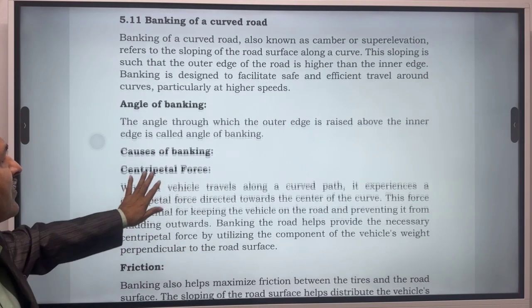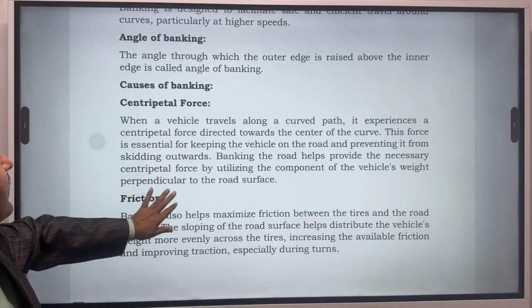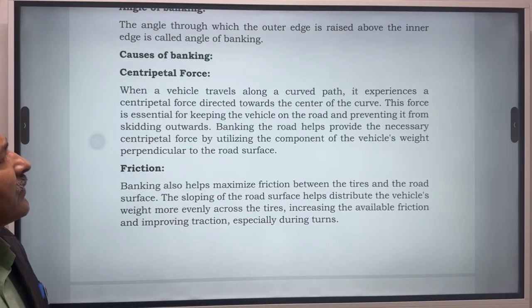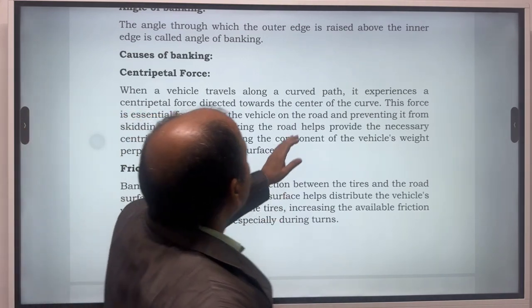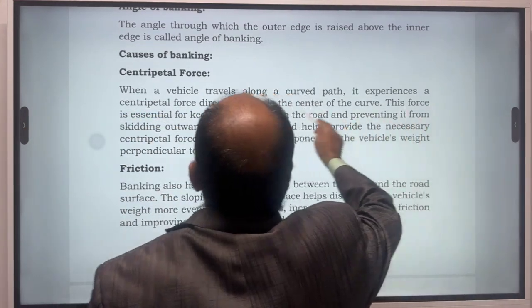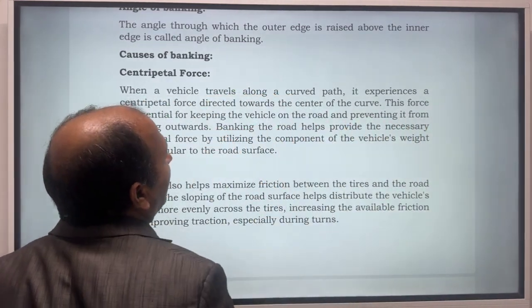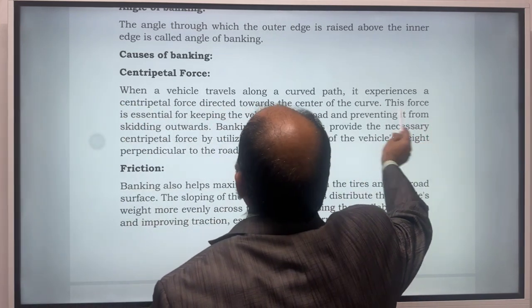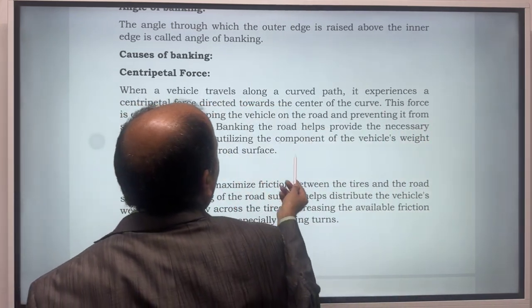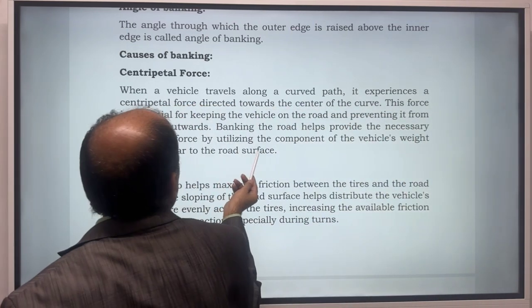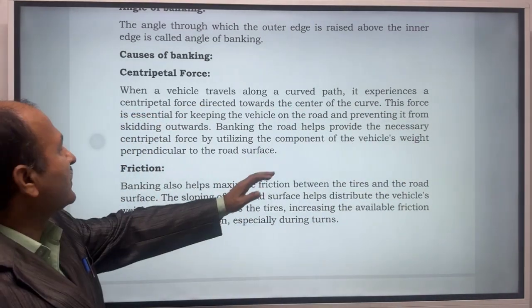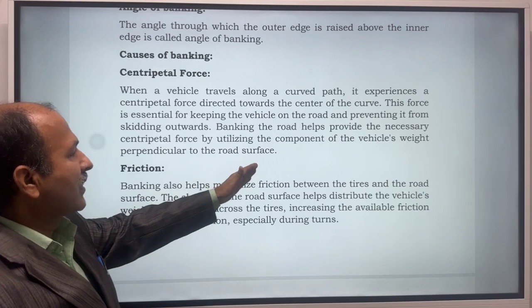Causes of banking. This banking provides centripetal force. When a vehicle travels along a curved path, it experiences a centripetal force directed towards the center of the curve. This force is essential for keeping the vehicle on the road and preventing it from skidding outwards. Banking the road helps provide the necessary centripetal force by utilizing the component of the vehicle's weight perpendicular to the road surface.